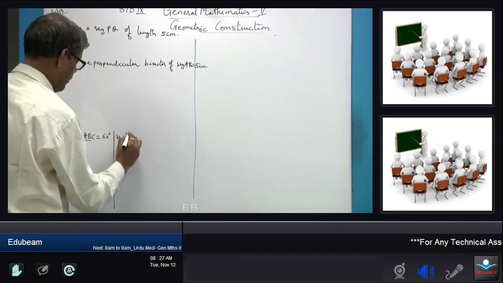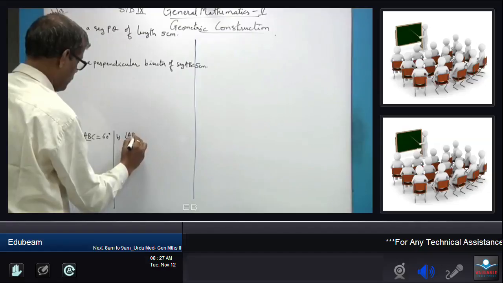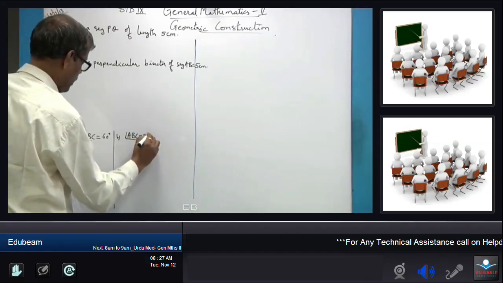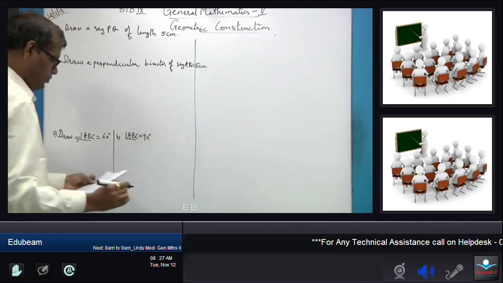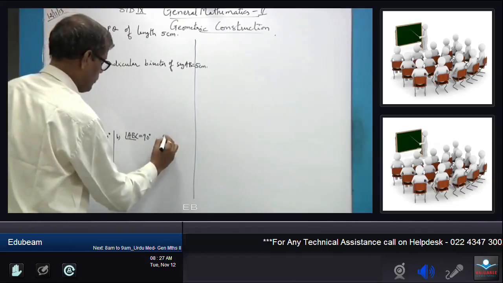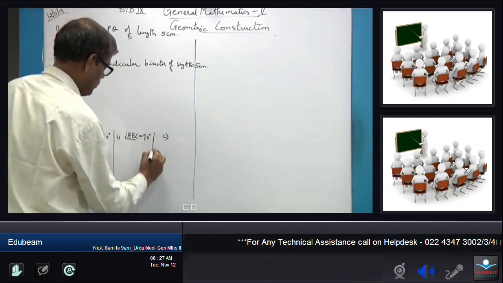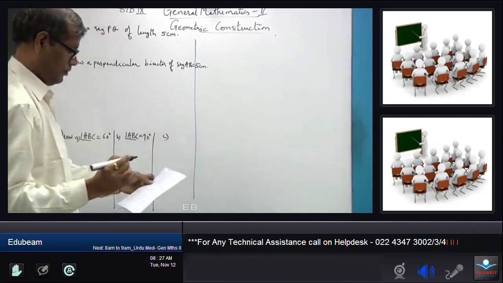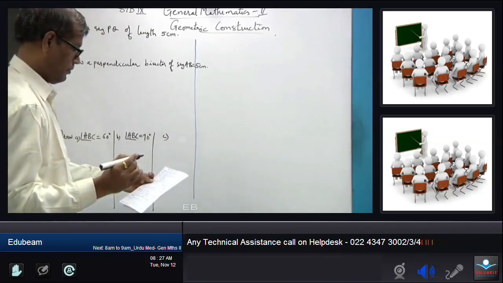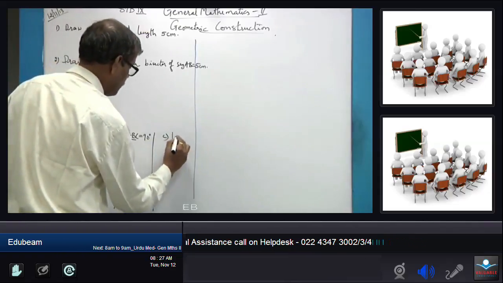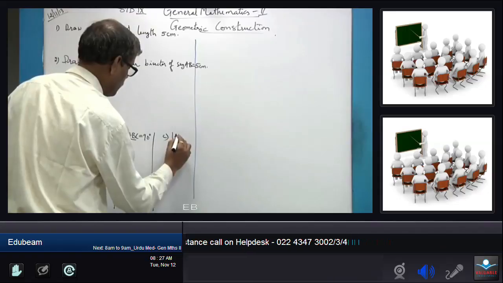I've written the 5 questions on the board. Let's see how we will do these questions. The very first one is draw a segment of 5 centimeters. Segment PQ is equal to 5 centimeters.